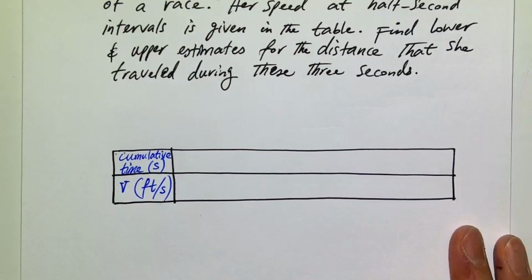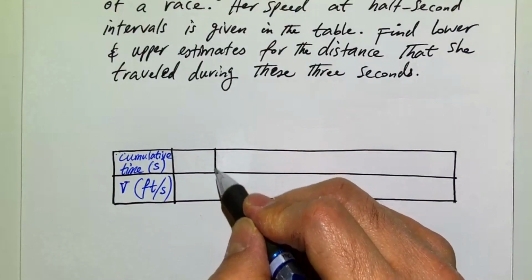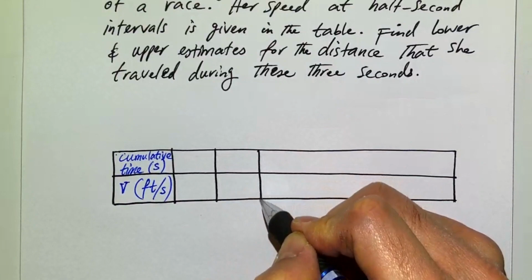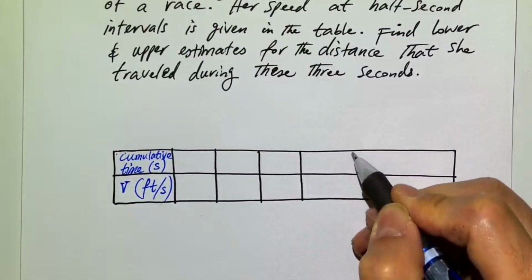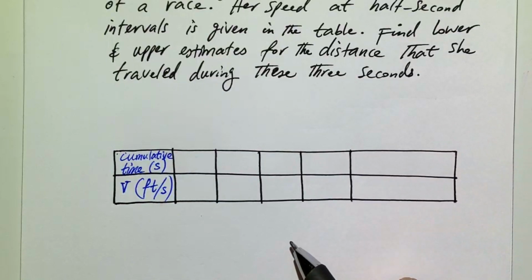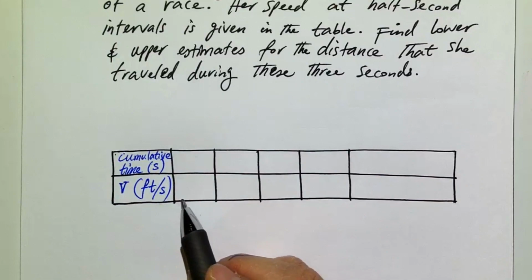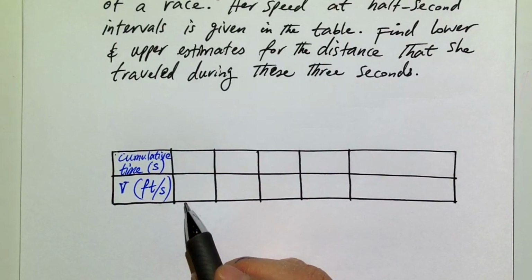And then we need 1, 2, 3, 4, 5, 6. So we have one.